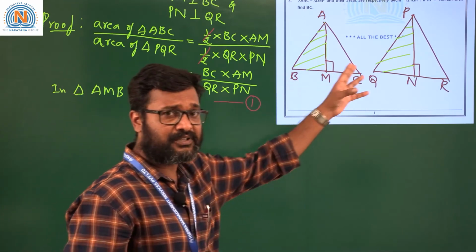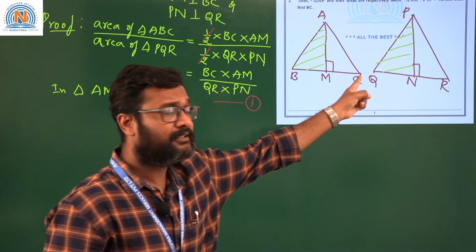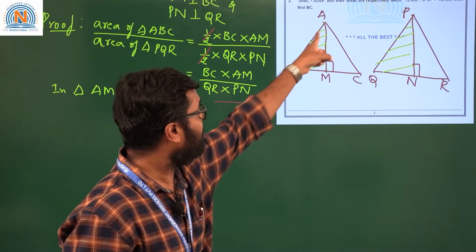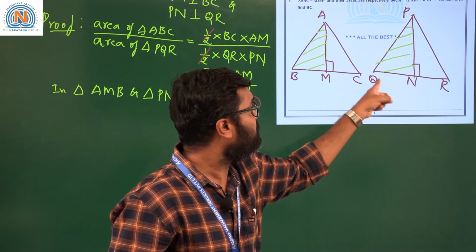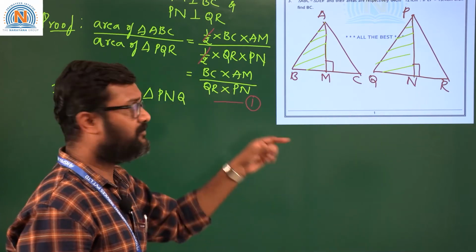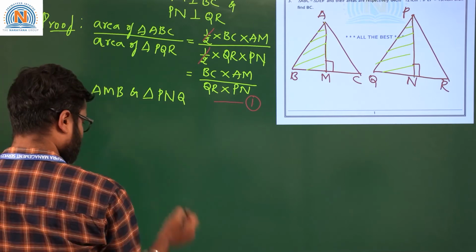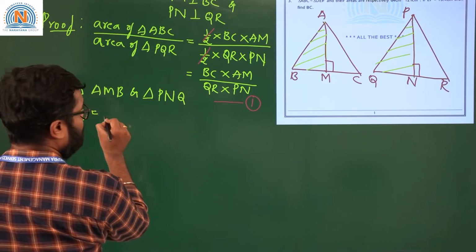If you observe these two triangles, children, here, angle B is equal to angle Q. Why? Since triangle ABC is similar to triangle PQR. Why? Because they have given that these two triangles are similar to each other. So being similar to each other, we can take here angle B is equal to what, children?